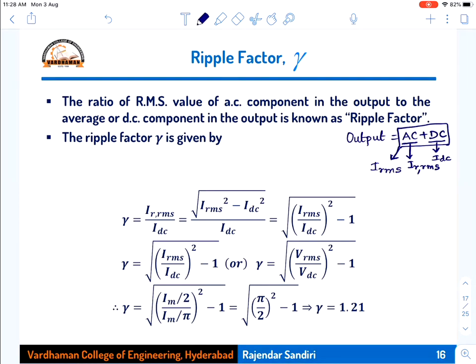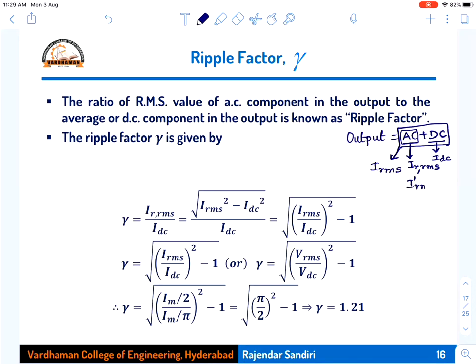So the output of the half wave rectifier or any rectifier you take, it will be AC plus DC. The entire output's RMS value is denoted by IRMS. Then the output is having two components, AC and DC. If you take only AC, then the RMS value will be denoted as IRRMS, or sometimes we can even write this as I dash RMS.